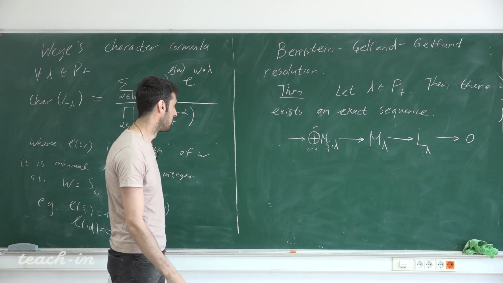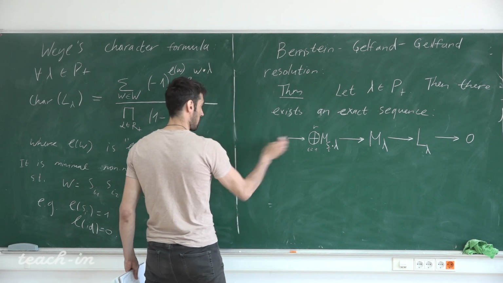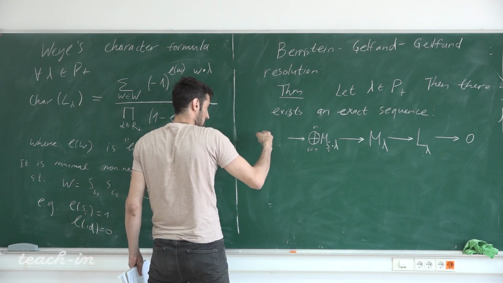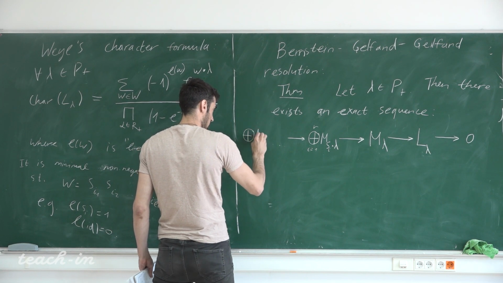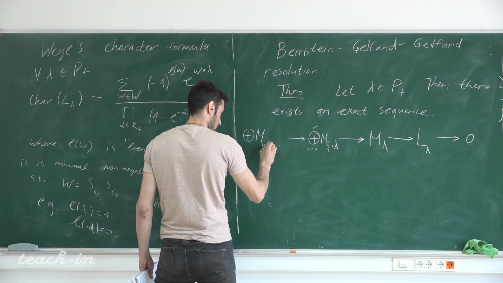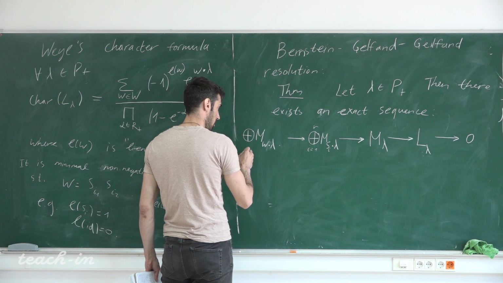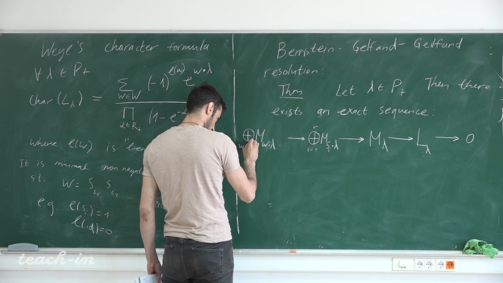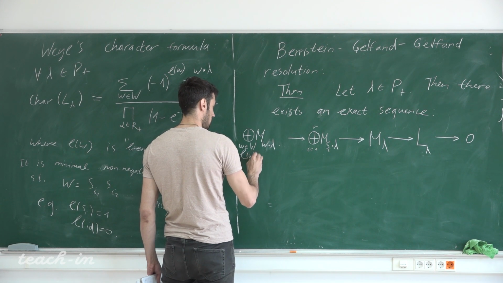So it also has some kernel, which I should write here, and it will always be some direct sum of Verma modules. I continue like this, and the general term here is a sum over M of W acting by shifted action on lambda, over all W in the Weyl group such that the length of W is k.